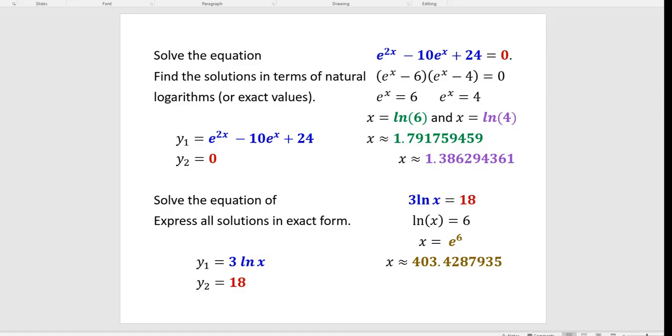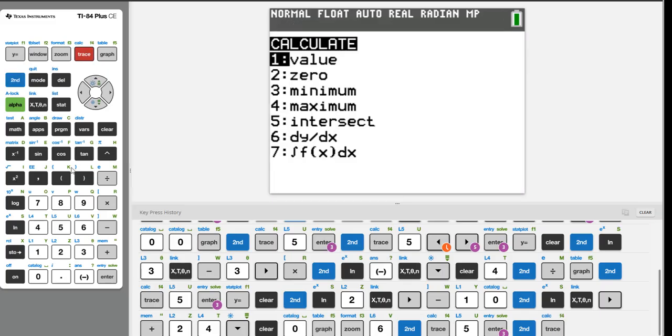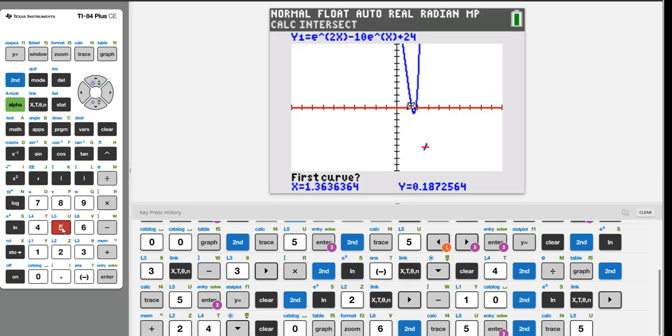To verify our second answer on the TI-84 calculator, press second, calculate, select number 5 intersection. Notice the x is on our current solution. Use the right or left arrows to force the x to the other intersection point, the right one, because it will never go there on its own.